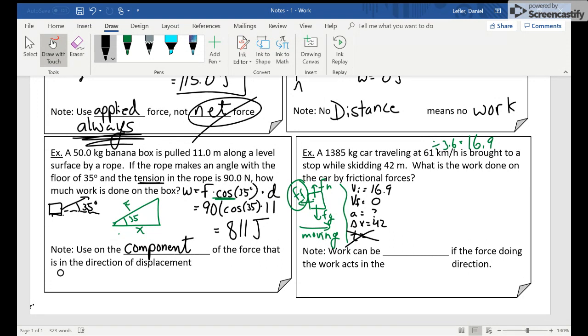So the formula we're going to use for this one is VF squared equals VI squared plus 2A delta X. We know our final is 0.